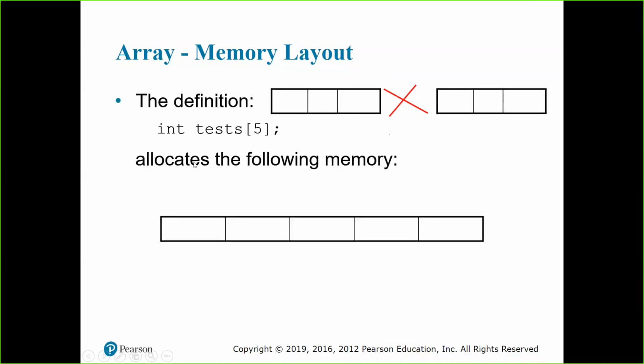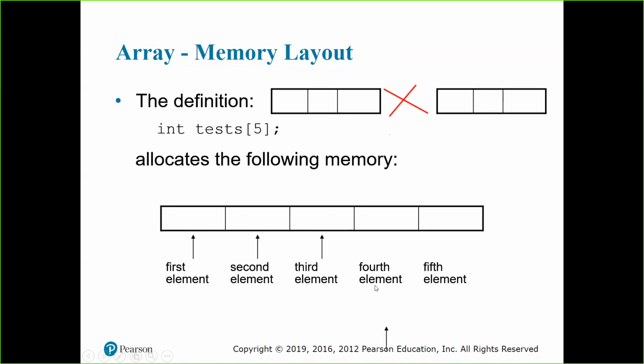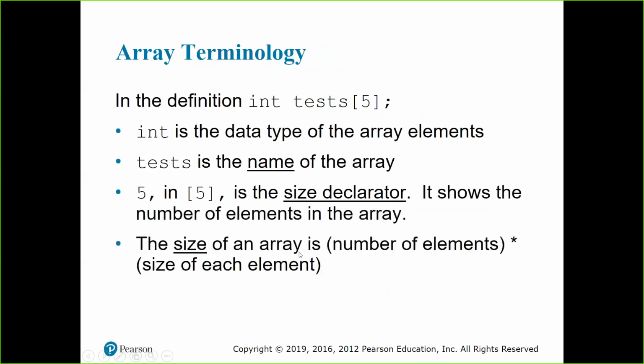When we declare an array like this, it allocates memory locations where all the values are adjacent to each other: the first value, then the second, third, fourth, and fifth, with no space between them.